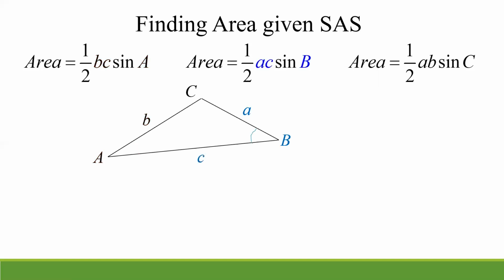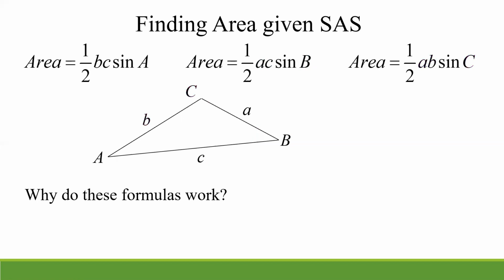And the same thing if I go to the middle one, 1/2 AC sine B, again the two sides and the included angle. And then the top one, if I have the angle C, then I would have to have side A and side B. So they're really all the same formula. It's just, depending on which angle you have, that's the formula that you choose.